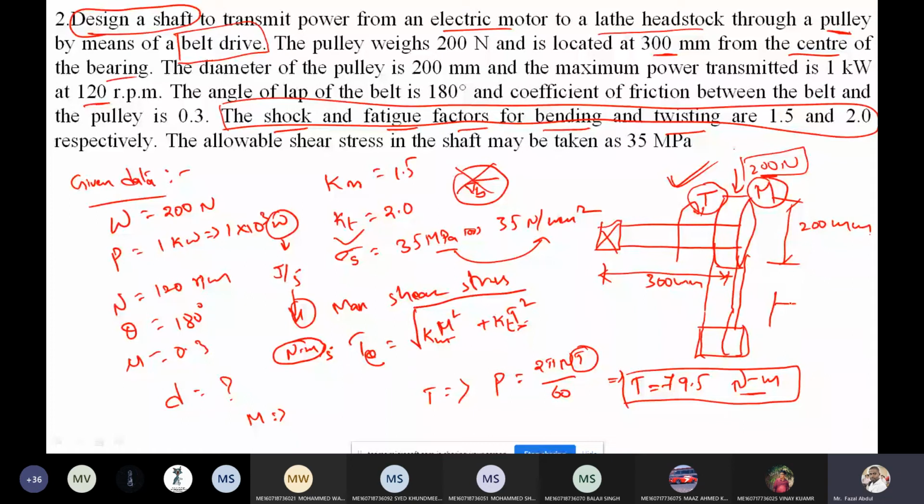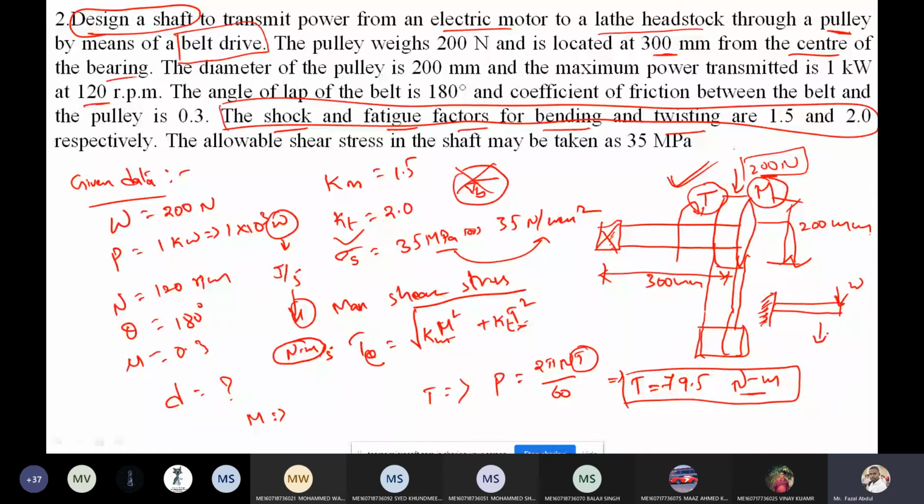Cantilever beam is nothing but one end is fixed and the other end is subjected to load. The diagram is indicating the same manner. W here means the load, the pulley is mounted here, and the fixed support is the bearing. Okay, nothing but a cantilever beam.